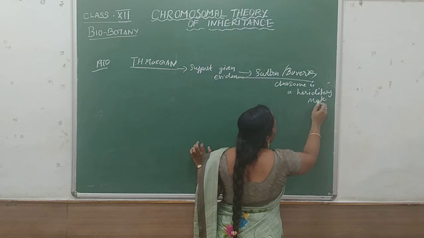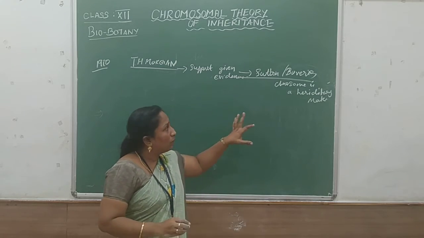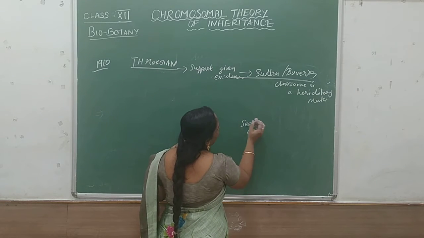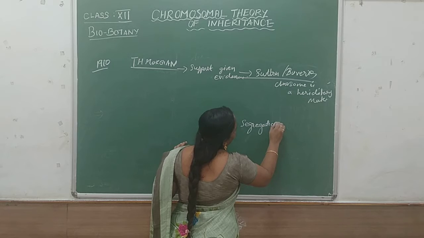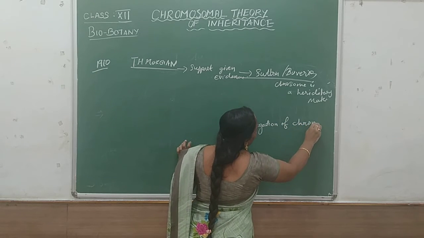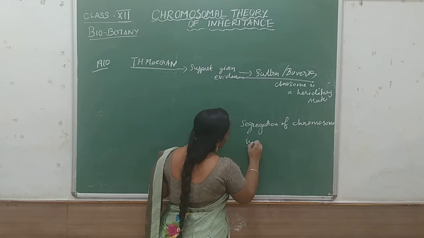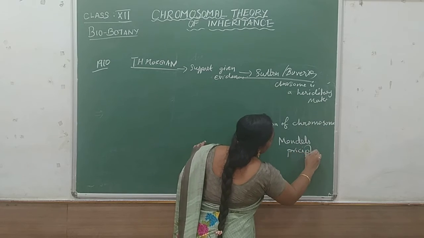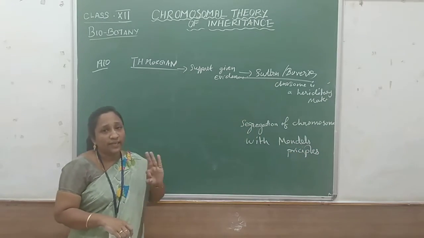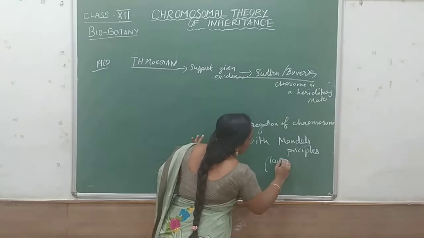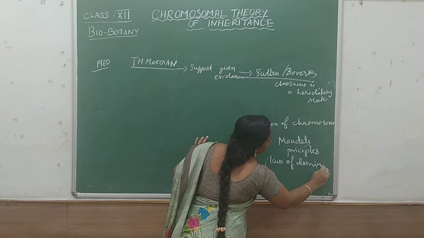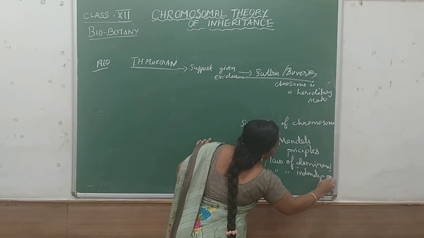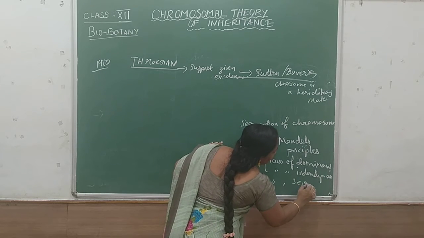And one more thing I want to say: Sutton and Boveri combined the segregation of chromosomes with Mendel's principles. What are Mendel's principles? He gave three: the law of dominance, the law of independent assortment, and the law of segregation.